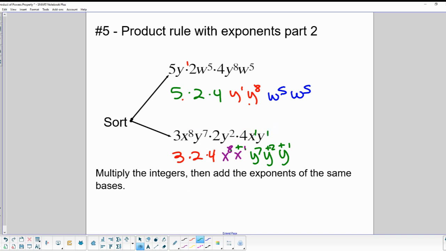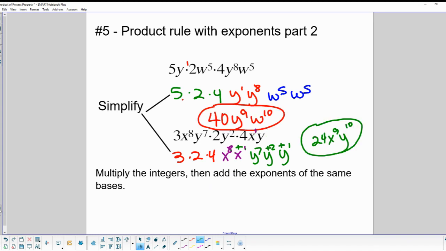Now I can combine everything together and simplify it. So I end up with 40 y to the 9th, w to the 10th on the first one, and 24x to the 9th, y to the 10th on the second one. So those are the kind of problems, and that'll be the most complicated one that you will see today.